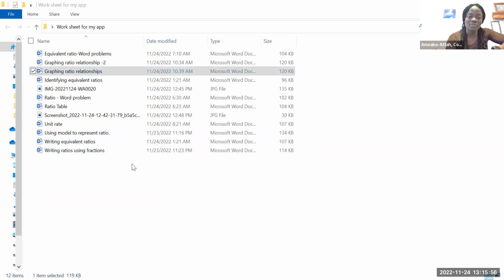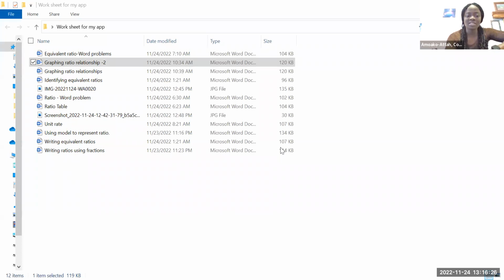And I also have you tell me whether there is a proportional relationship between X and Y. Let me give you a clue. If it passes through the origin, (0, 0), it means there is a relationship, and it is a proportional ratio. Good job.